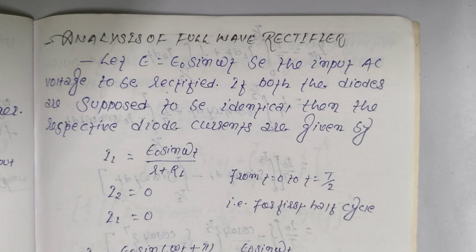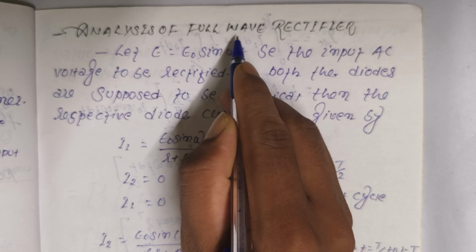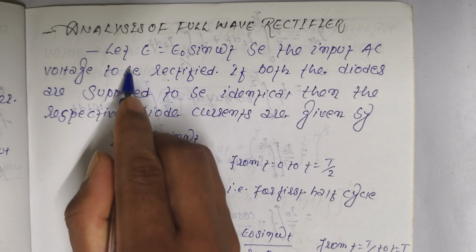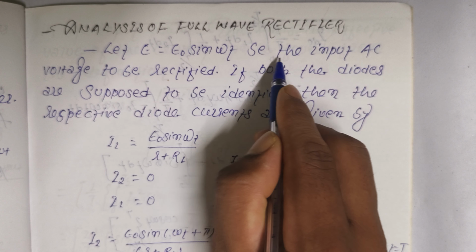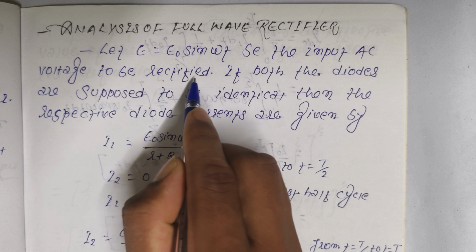Now friends, analysis of the full wave rectifier. Let E = E0 sin ωt be the input AC voltage to be rectified.